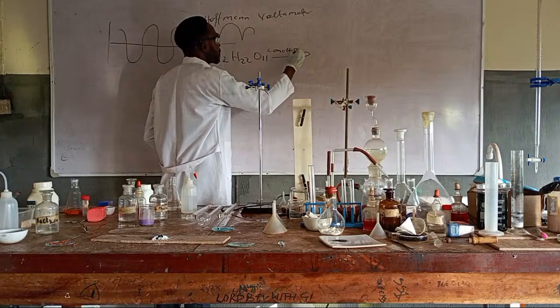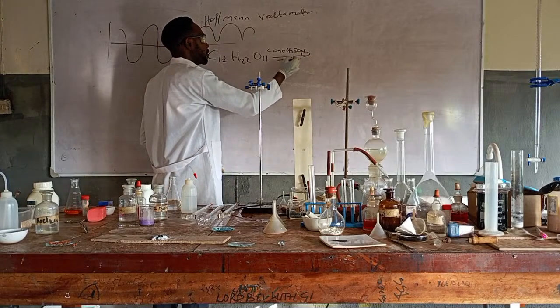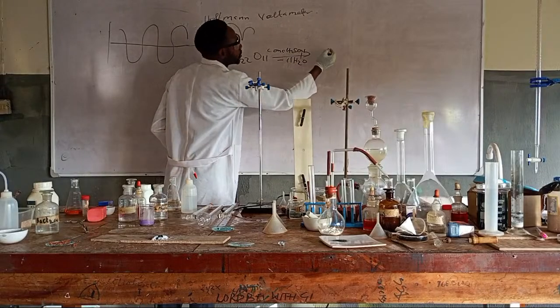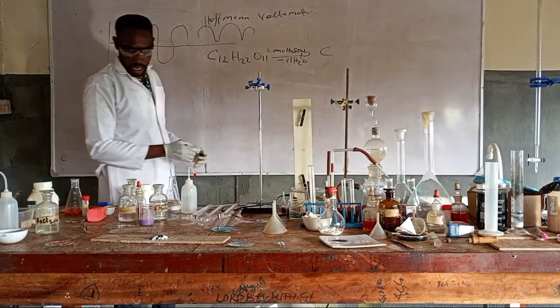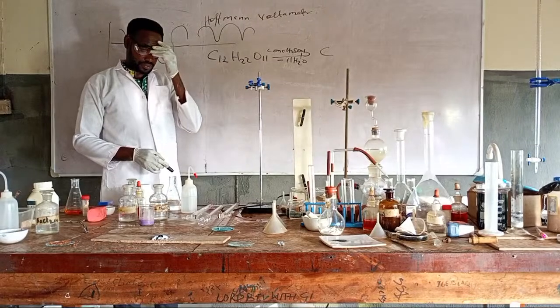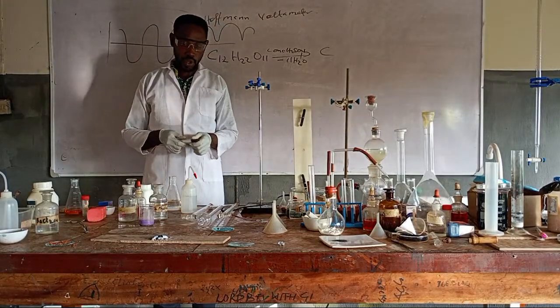Concentrated H2SO4. It will remove the entire 11 water molecules, leaving behind only what? Black carbon. Am I communicating? Okay. So at least you see it's turning black small, right?